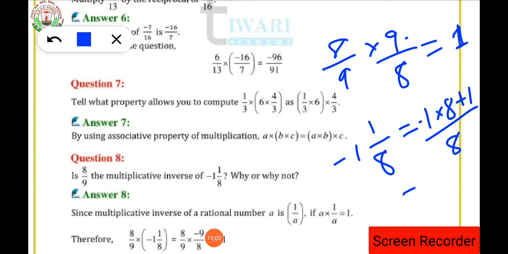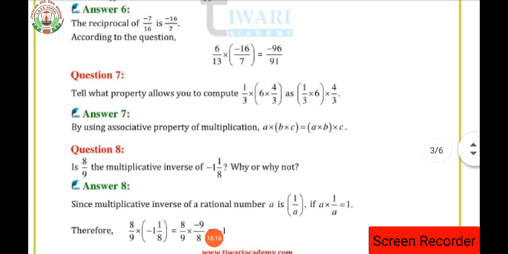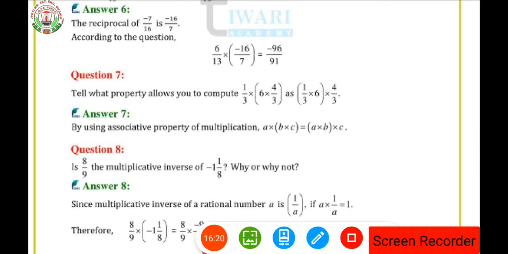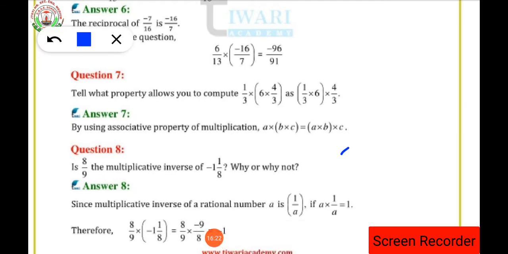So minus 1 into 8 will be how much? It will be equal to minus 8 itself, isn't it? Minus 8 plus 1 upon 8. Clear? So when we solve this mixed fraction 1 minus 1 by 8, we will get the answer as minus 9 by 8, isn't it?